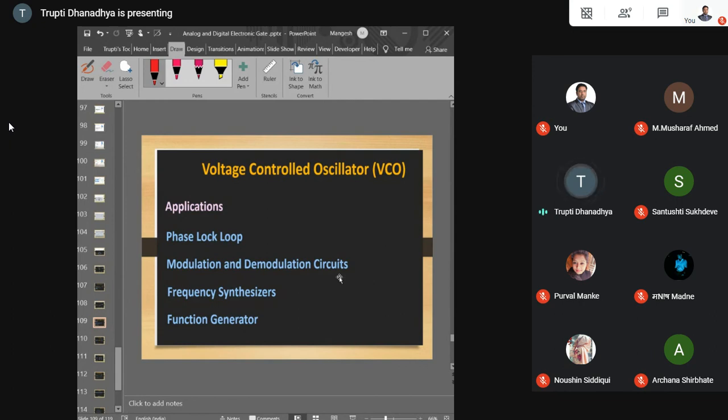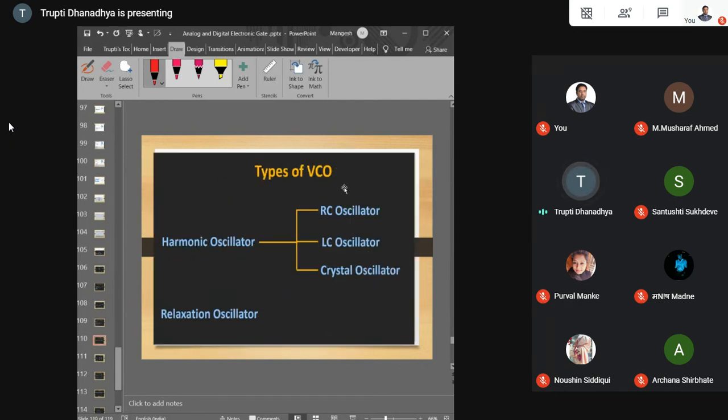Now next is types of VCO. Of course, harmonic oscillator and relaxation oscillator. That harmonic oscillator is again classified into RC, LC oscillator and crystal oscillator. The name itself represents that the RC oscillator is made up of capacitor and resistance, and then the next is your LC oscillator. That oscillator is made up of inductor and capacitor, and last is your crystal oscillator.